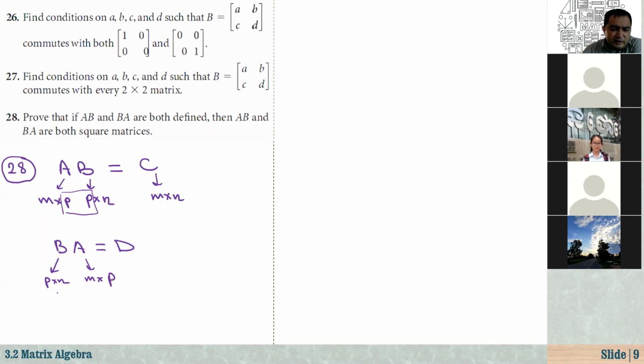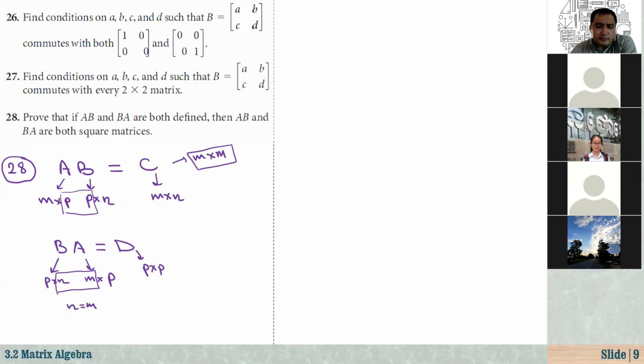Since it is defined, by the definition N must be equal to M. So that means the resulting matrix will be P by P here. And also since M is equal to N, C will be either M by M or N by N, okay?